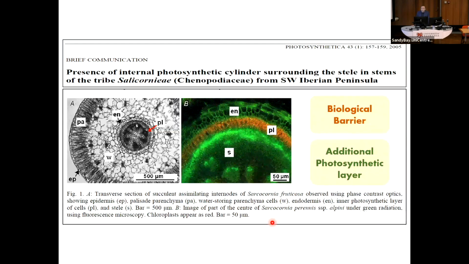It has two distinct types of tissue, biological barriers, which is called the endodermis-like layer, and an additional photosynthetic layer located in between the stele and the endodermis-like layer. This was found in Sarcocornia fruticosa and Sarcocornia perennis, and we also found it when we took the anatomical structure of this plant.